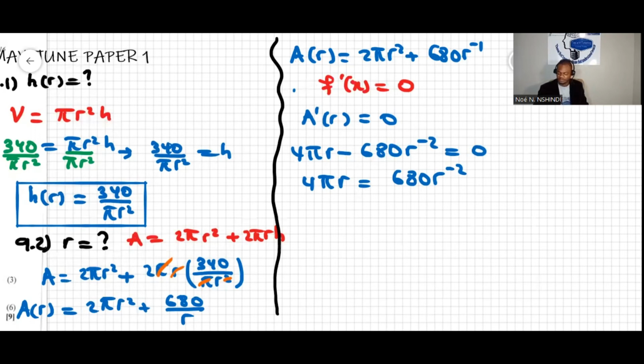Now I can write it like 4 pi r equal to 680 over r squared. Now we can cross multiply here because over here it's just a denominator of 1. We can just do this times that and that times that.